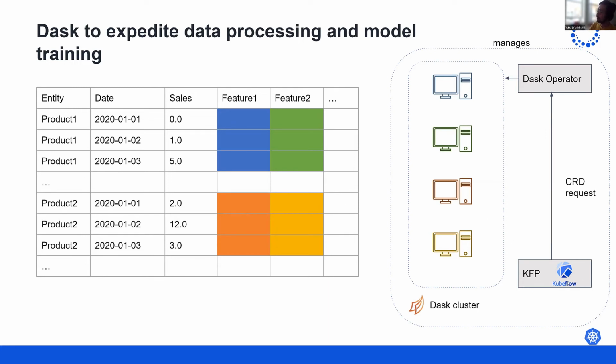And how the Kubeflow comes into play is it's going to serve as a high-level orchestrator, which is going to talk to a Dask operator, which is going to manage this type of persistent or on-demand cluster for this particular job during its life cycle. So this is what we do for the data processing.